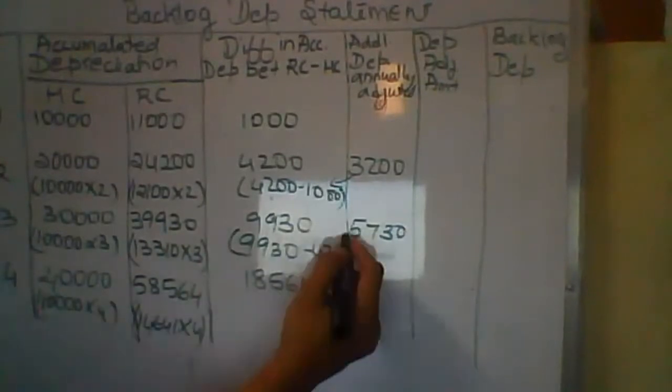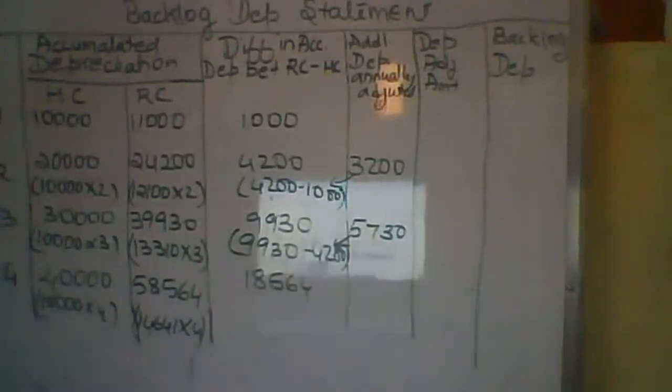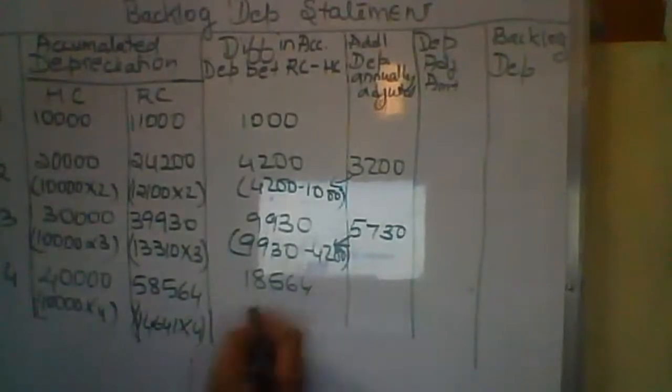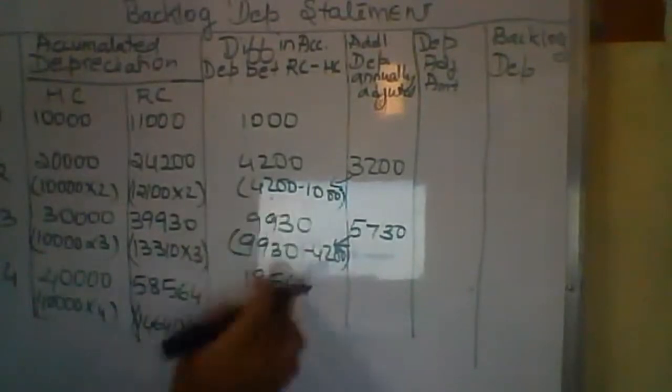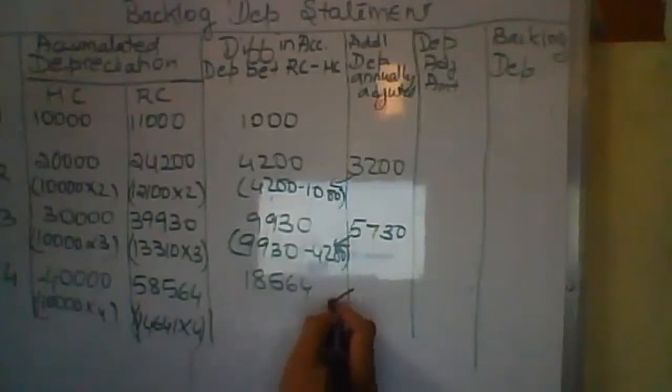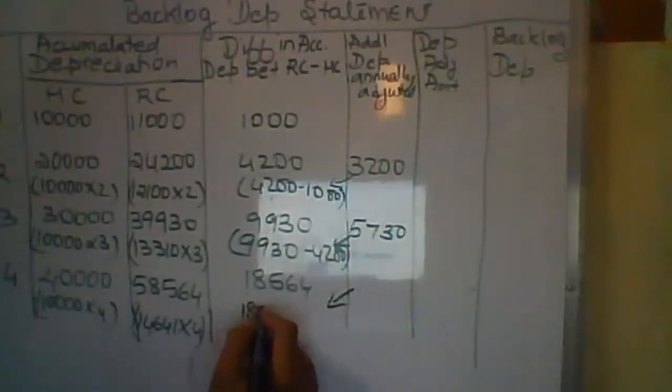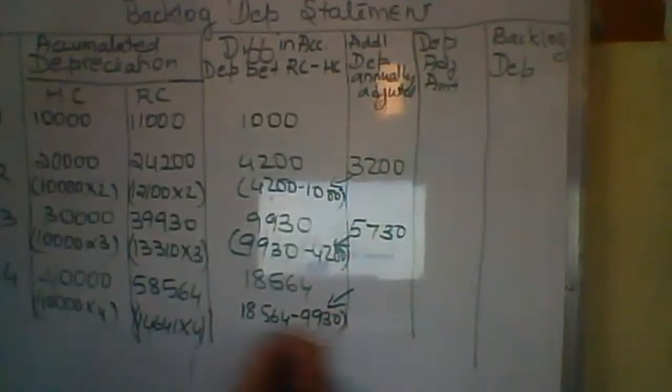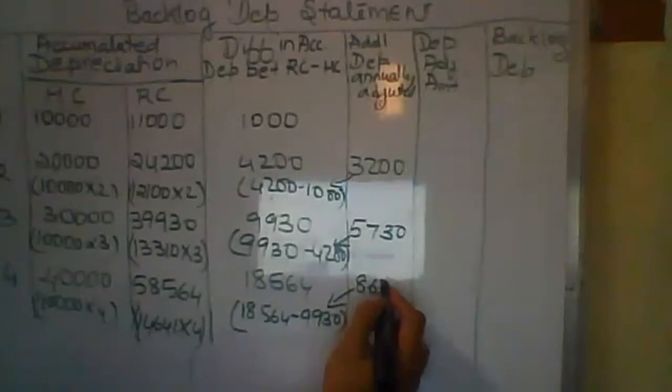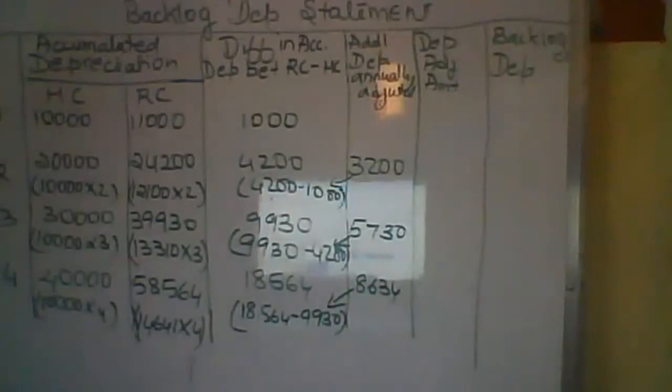So extra amount which is yet to be adjusted is 5,730. Fourth year, excess of this, I would have 18,564 minus 9,930. That gives me 8,634 extra I should adjust.